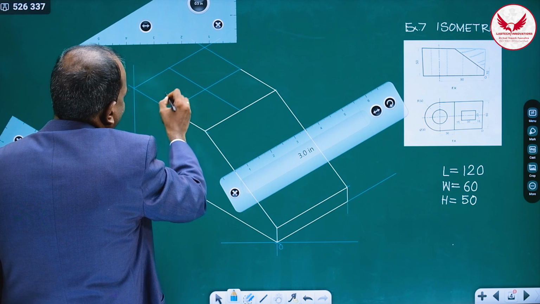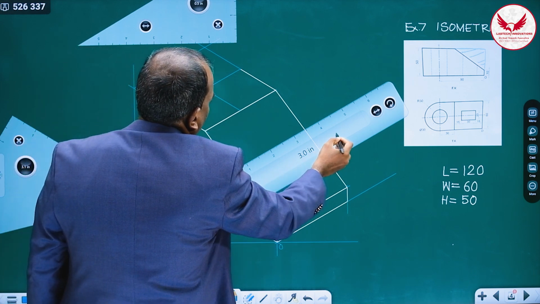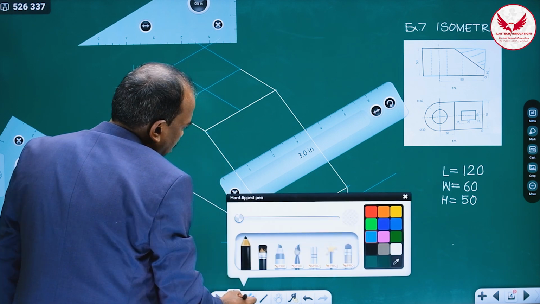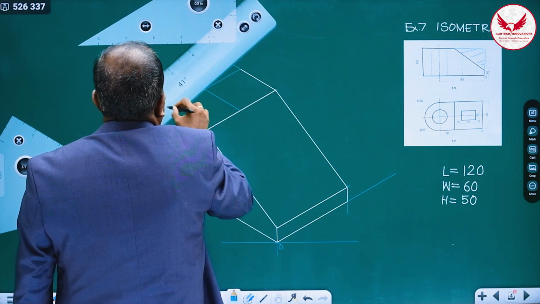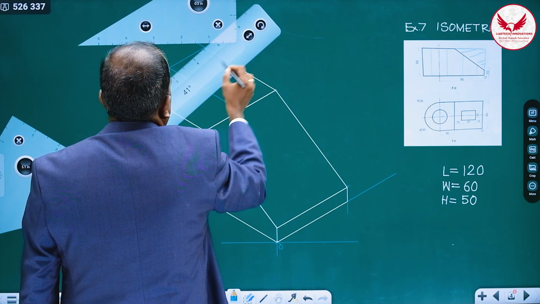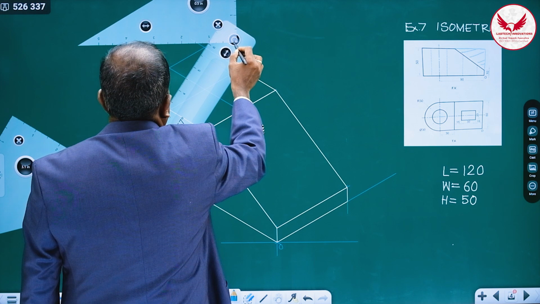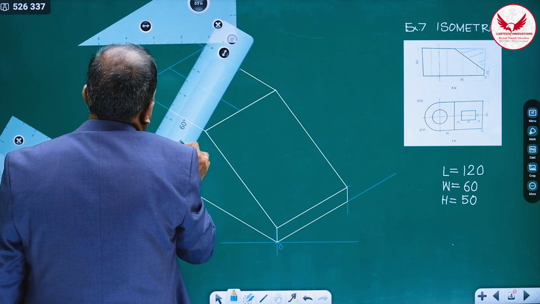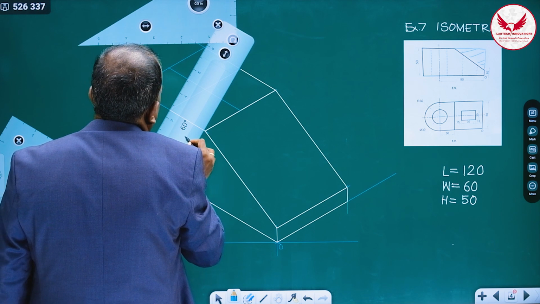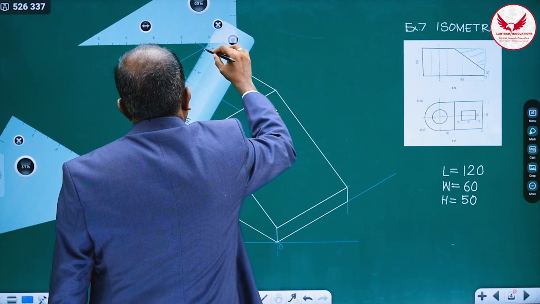And for getting another center, I will have to join this center and the midpoint of the opposite side.